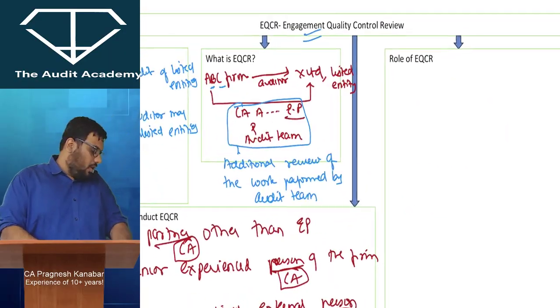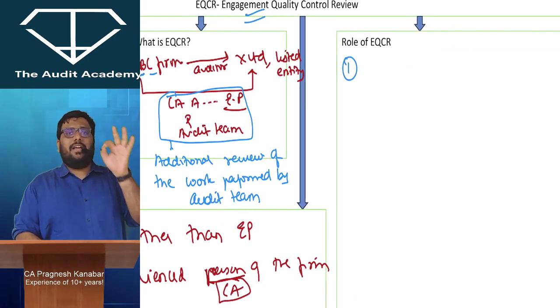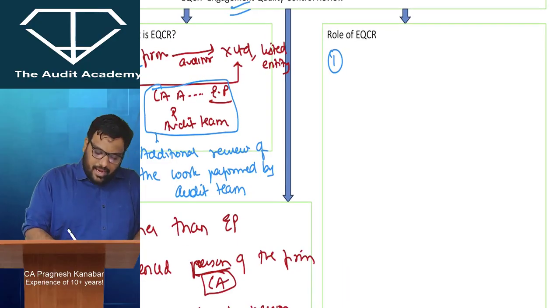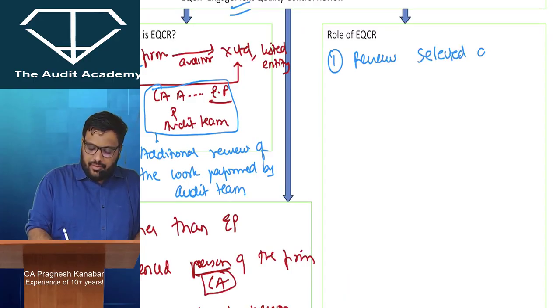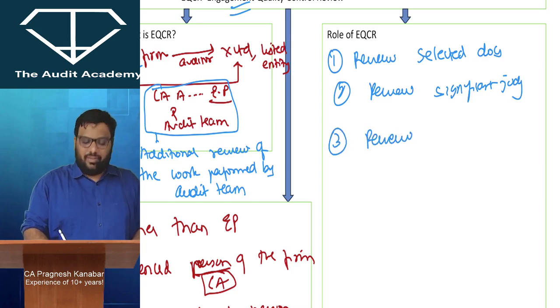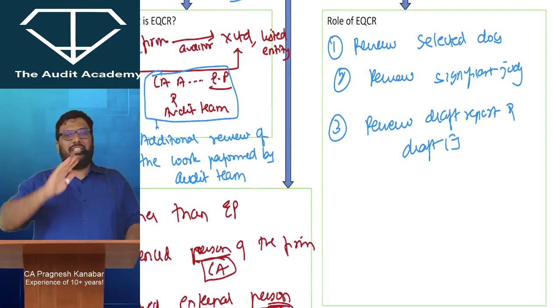What is the role of the engagement quality control reviewer? He will come at the very end of the audit, and he is going to review selected documentation. He is going to review significant judgments. He is going to review, at the end, the draft report and the draft financial statements which are prepared at the very end.